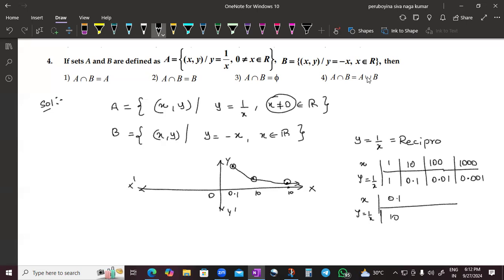Also, if x is very close to 0, for example, take 0.0001, it will be around 10,000. So it is also going to plus infinity when x is close to 0. When x is getting to infinity, y is close to 0. So we are getting these values.